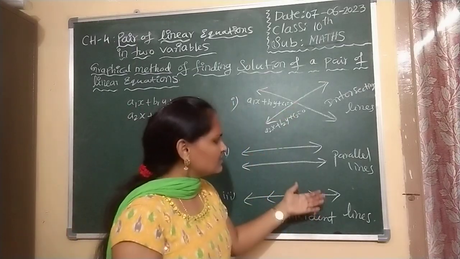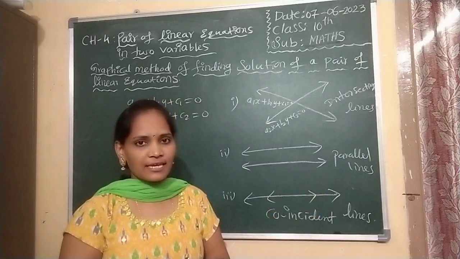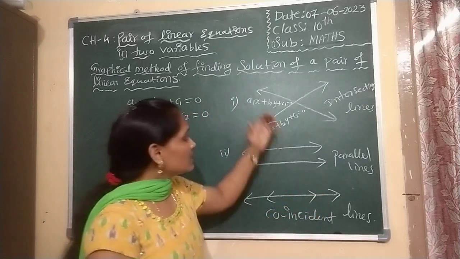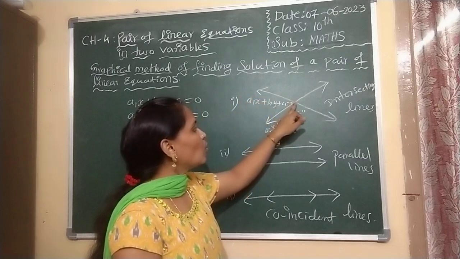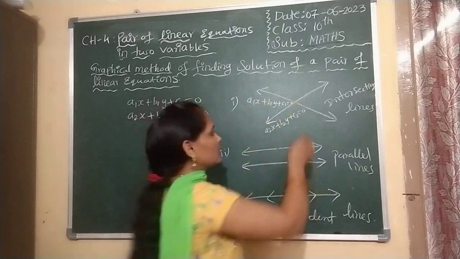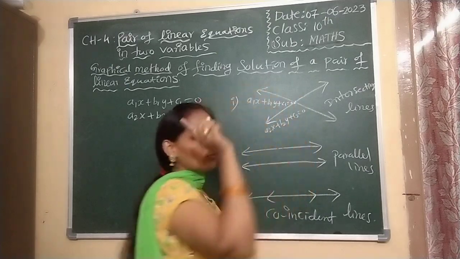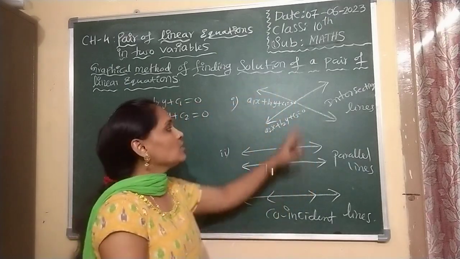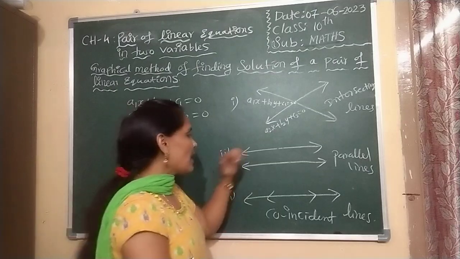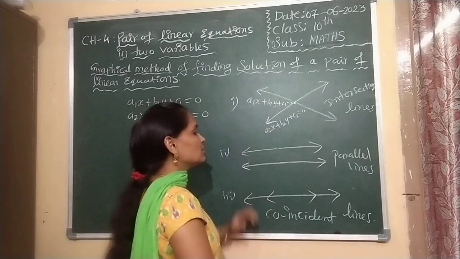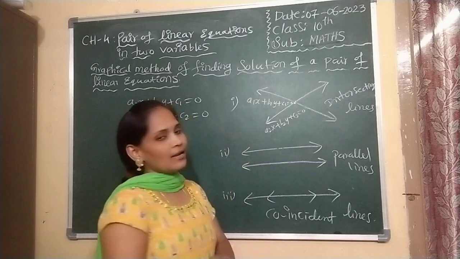Actually, by seeing these figures we can easily say this pair of linear equations in two variables has only one solution. Why? Because they are intersecting at only one point. That one point is the solution of these linear equations. In the second situation, these are parallel lines.